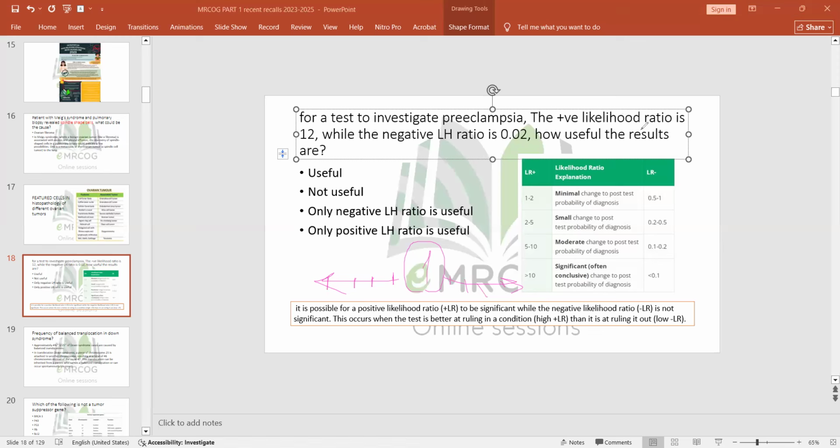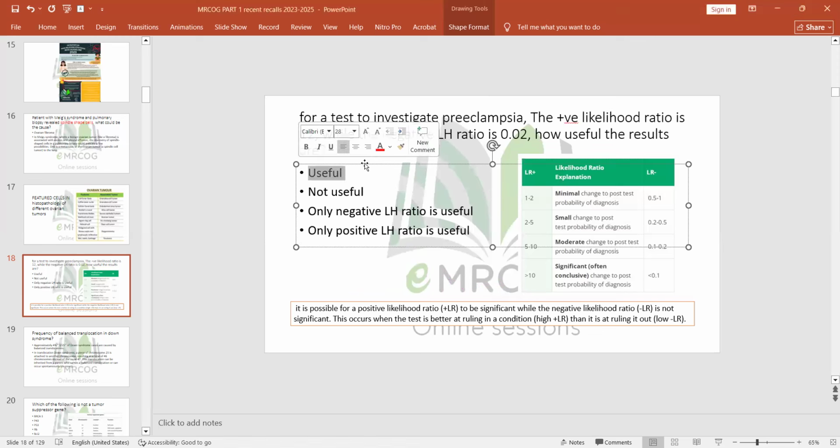Got it, guys? So, as you can see, both of them are useful. Another very important point: can I have one ratio useful and the other one not useful?